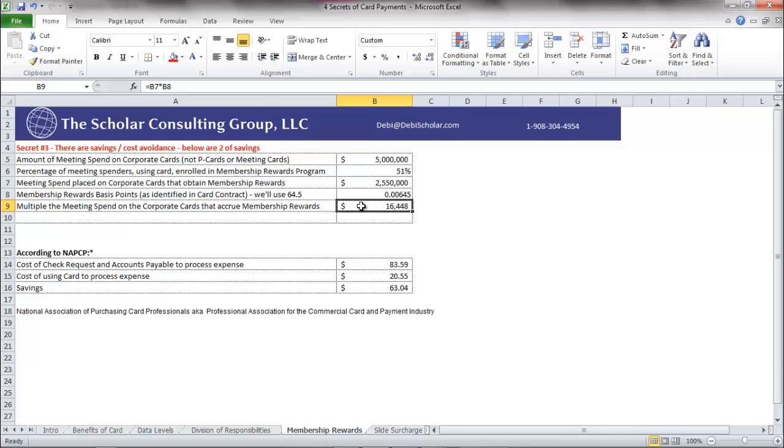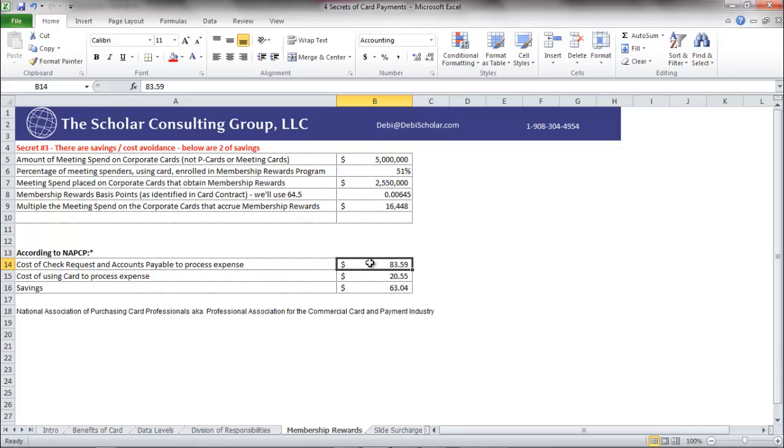This is one of the key reasons why it's so important to get the meeting and event spend off the corporate cards, especially if they are accruing points. Now, there are plenty more reasons why we'd want to use a meeting card or a P card, but we only have 4 secrets today. Let's also talk about the administrative and processing cost.